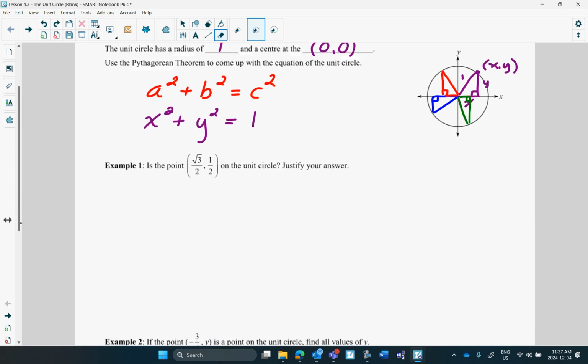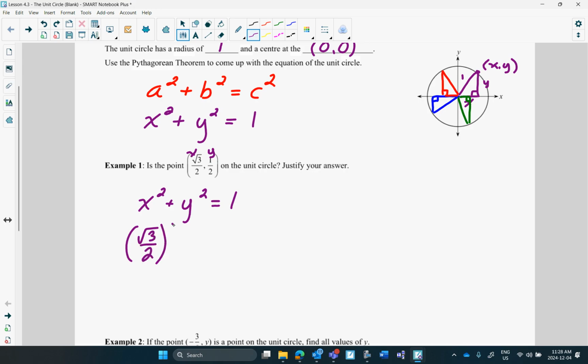For this next example, to tell if it's on the unit circle, this is the x coordinate and this is the y coordinate. I just need to know, does x squared plus y squared equal 1? Because the unit circle formula is x squared plus y squared equals 1. I want to know if root 3 over 2 times itself plus 1/2 times itself equals 1. I'm going to put a question mark over the equal sign because I don't know yet.